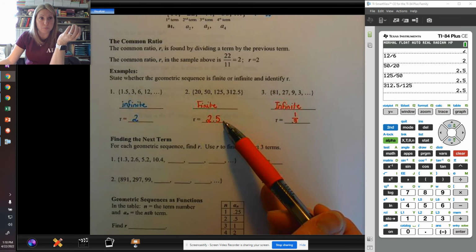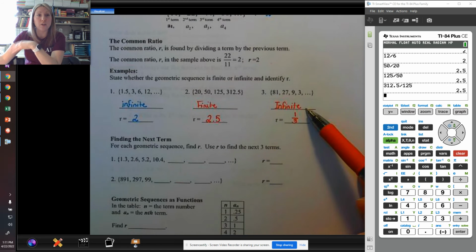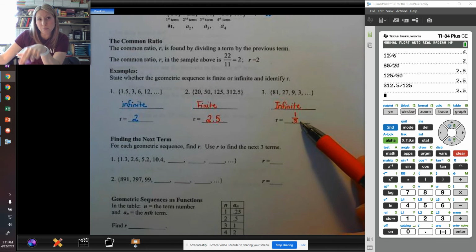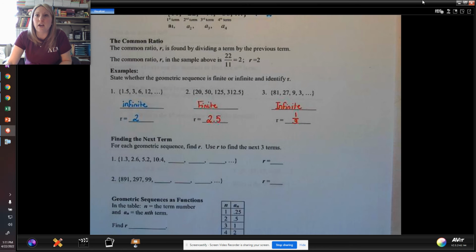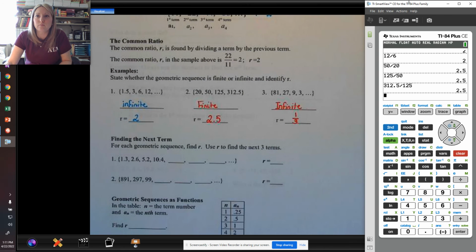So that got confirmed. Now, what am I doing on number 3? Well, definitely infinite. I see the dots at the end. But now my numbers are decreasing, and sometimes that causes some struggles for people as they're trying this out. What I want to show you here, if I take 27 and divide it by 81, I get this repeating decimal.